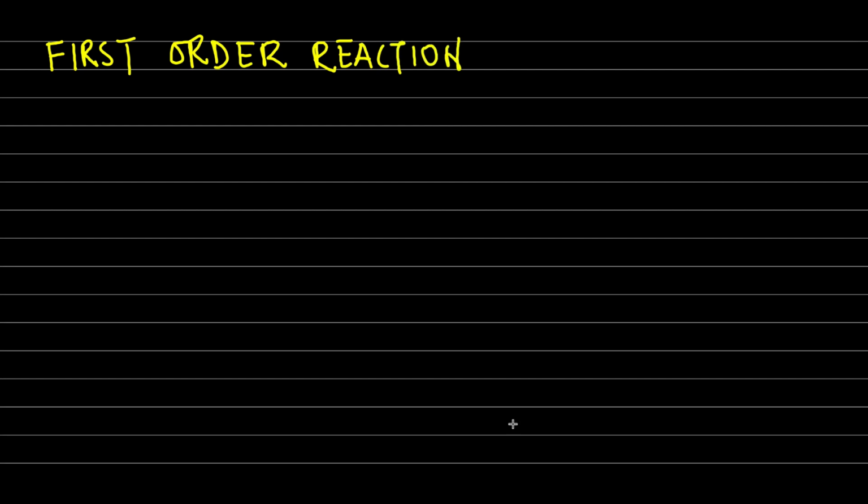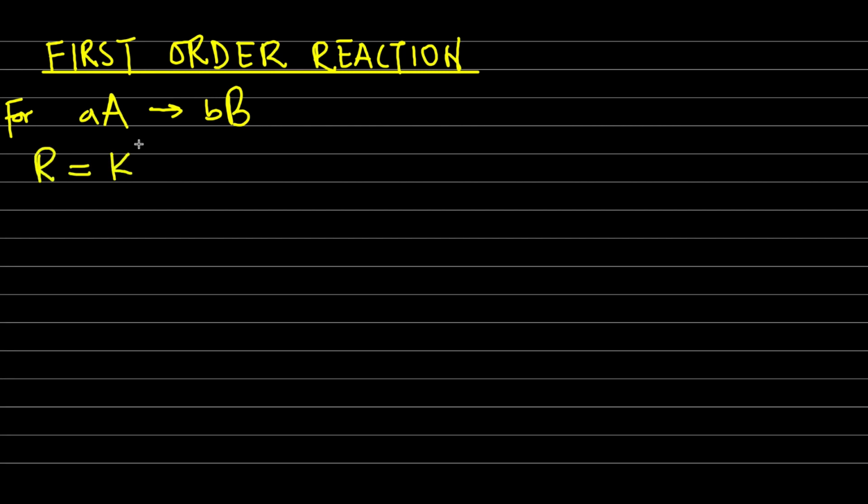Okay, so let's look at first order reaction. Let's use first a reaction that has just one single reactant, A. Now my rate law is R equals K[A]^x.